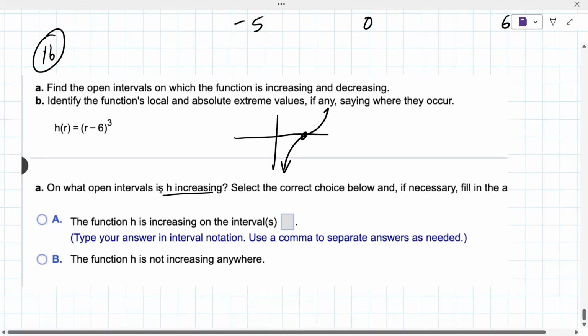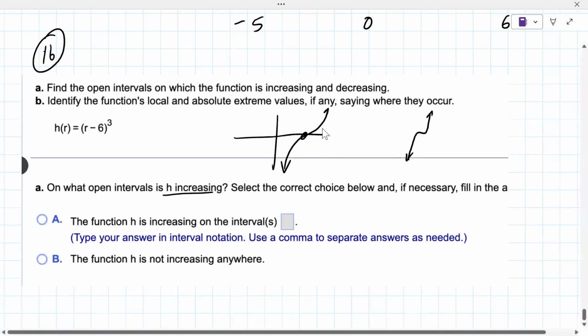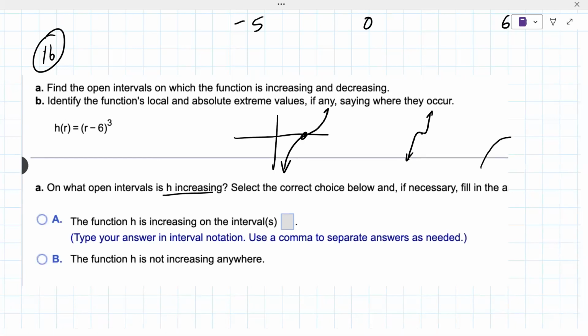Well, kind of. At this point right here, if you zoom in, it kind of goes horizontal. It does get horizontal, but it immediately goes back up the other way. So at that point, which is 6, it is neither increasing nor decreasing.